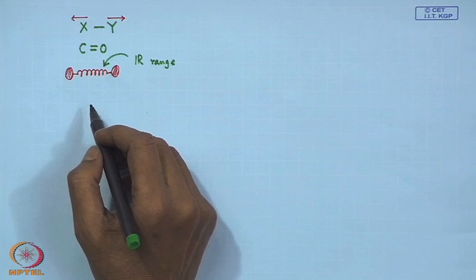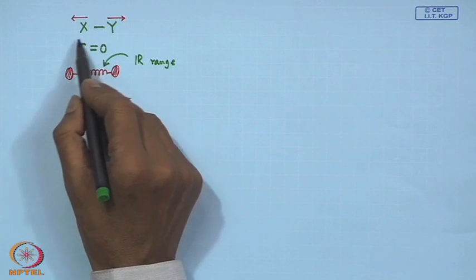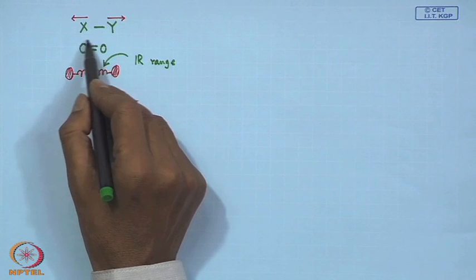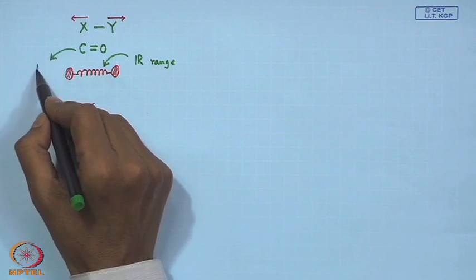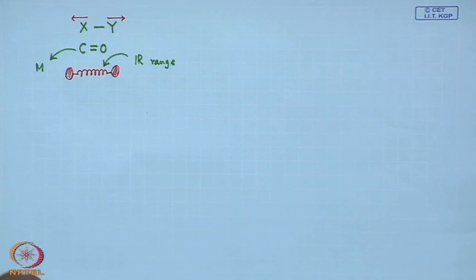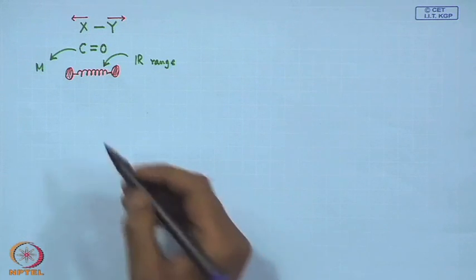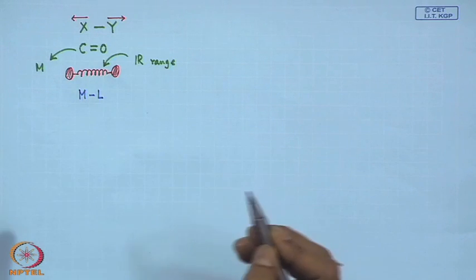A similar thing can also be obtained if this particular molecule serves as a ligand bound to the metal system. So, this can be a ligand bound to the metal center, or there are some other cases where we can have the stretching frequency between the metal and the ligand.